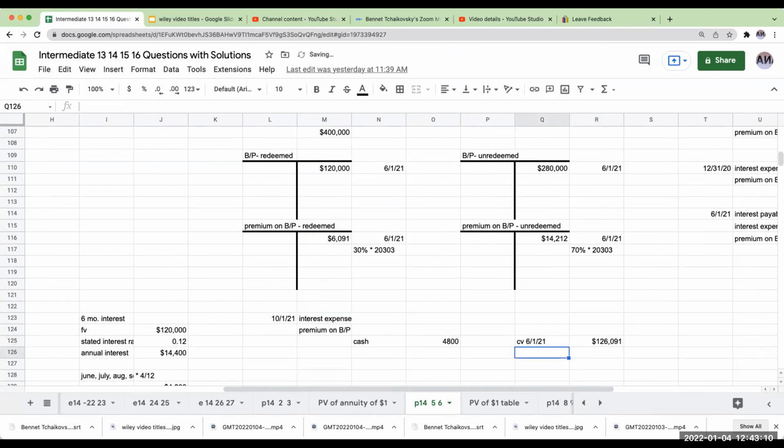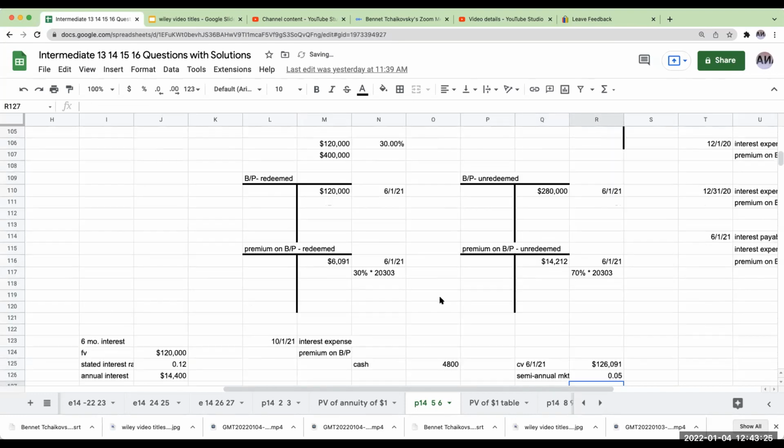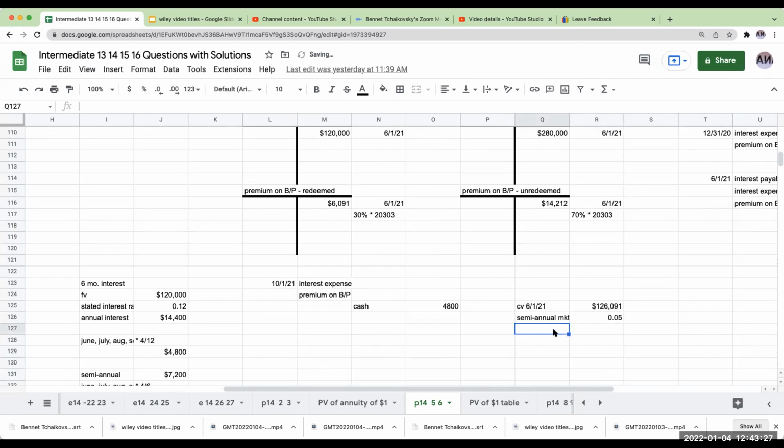My interest is going to be at the market rate of interest. So again, we'll use the semi-annual market rate of 5%, or half of the 10%. So my 6 months of interest is going to be 6,305.